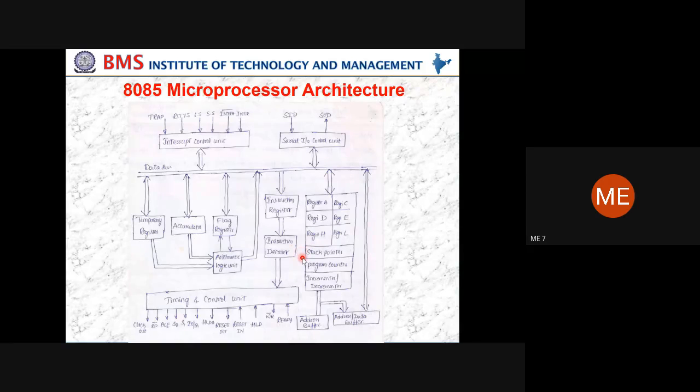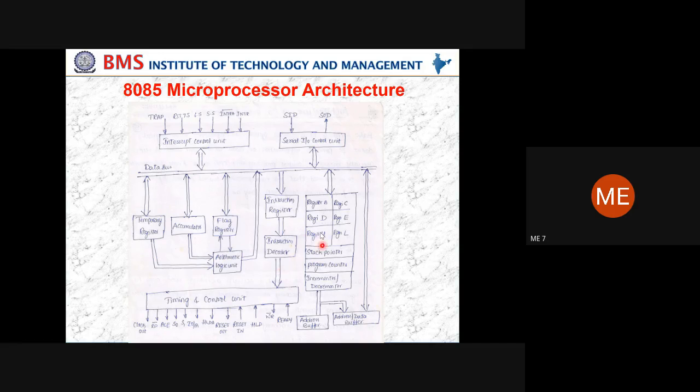The question is whether the microprocessor understands that language. Whatever program you write will never be understood by the machine directly. What you write is a user level language that has to be converted into machine level language. That is done by the instruction decoder.